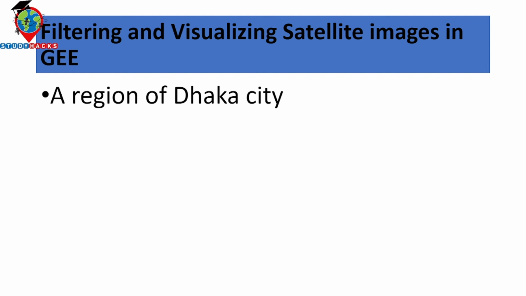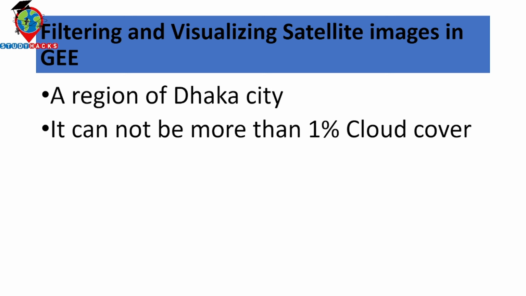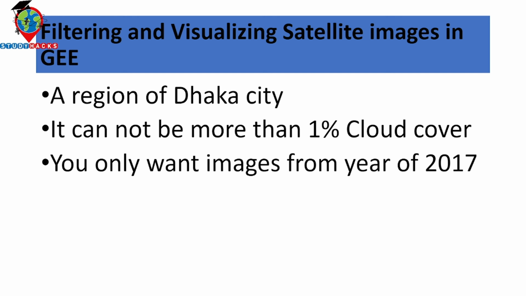The second factor is image properties. Suppose you need only those images with no more than 1% cloud cover. The third factor is a specific time period. Suppose I need the image for the year 2017, or the month of January 2017, or the summer season or rainy season.